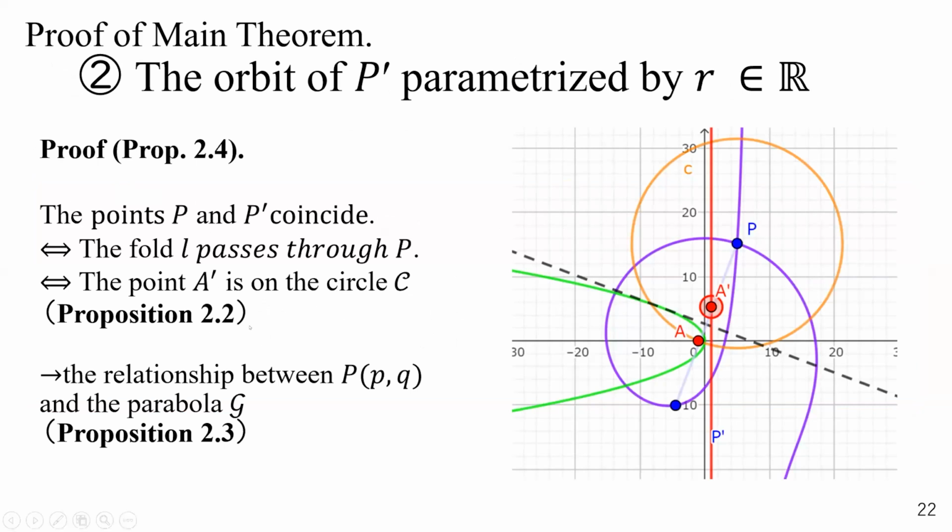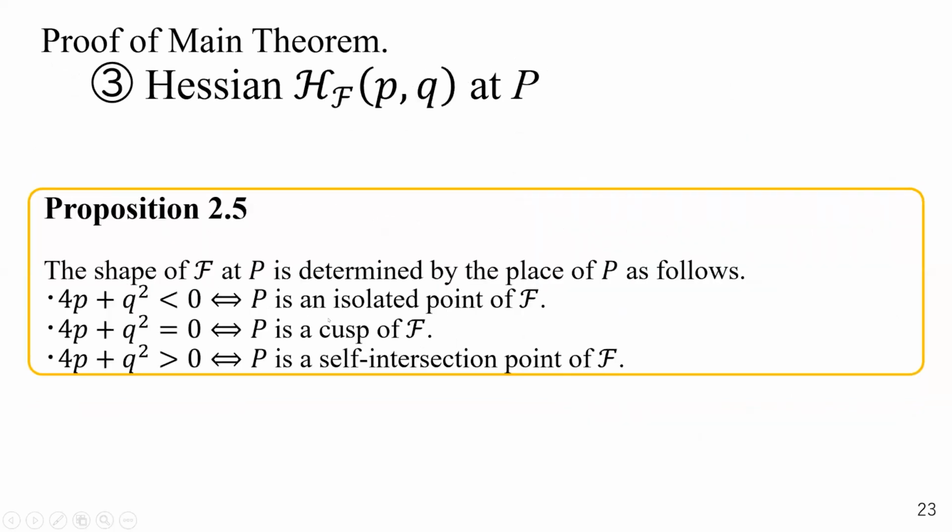Indeed, we have the following argument. Proposition 2.5, the shape of F at P is determined by the place of P as follows.